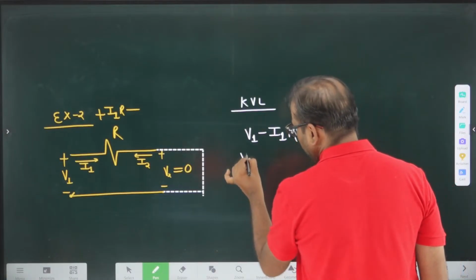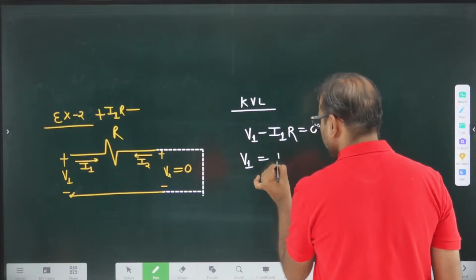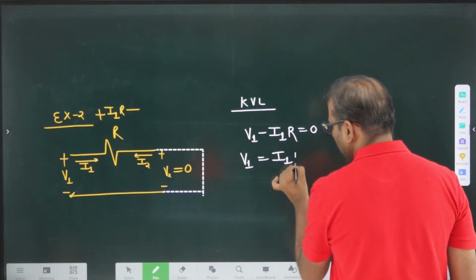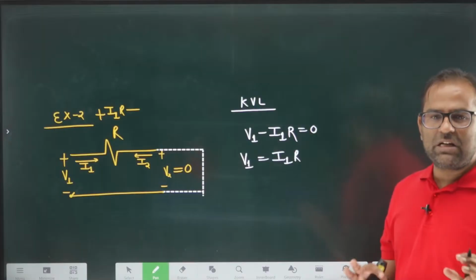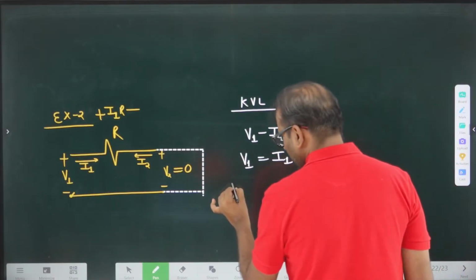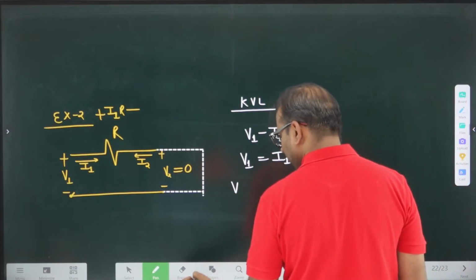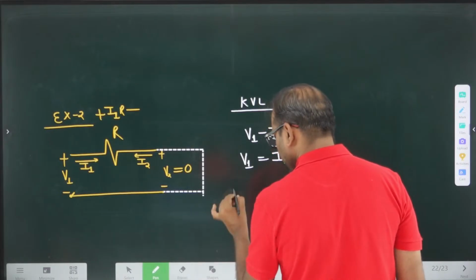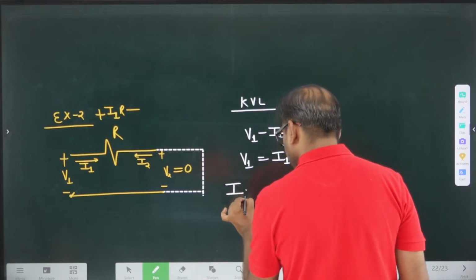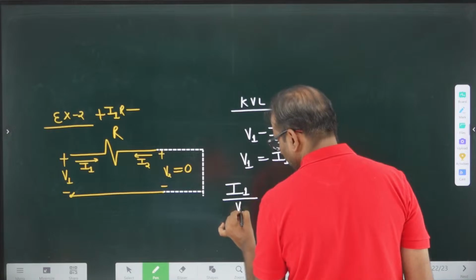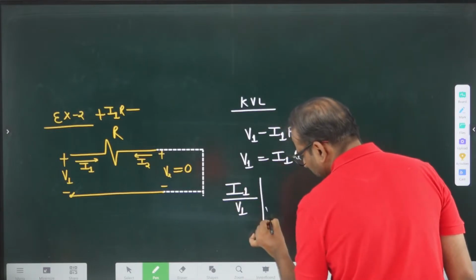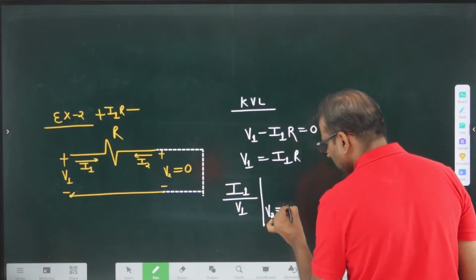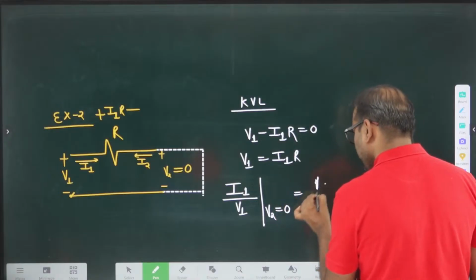So you can say V1 is equivalent to I1 into R. In the Y parameter, we are interested in the ratio of I1 by V1. So I1 divided by V1 ratio, by making V2 equal to 0, equals 1 by R.